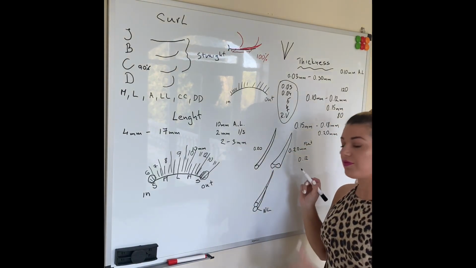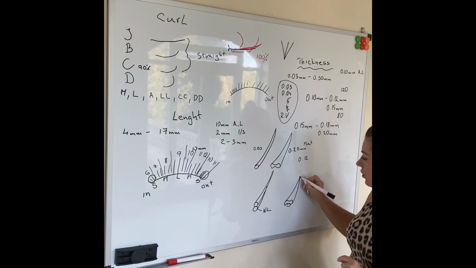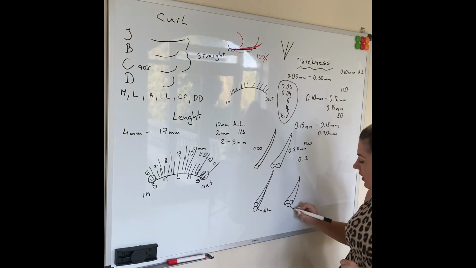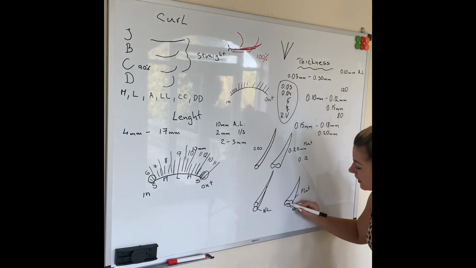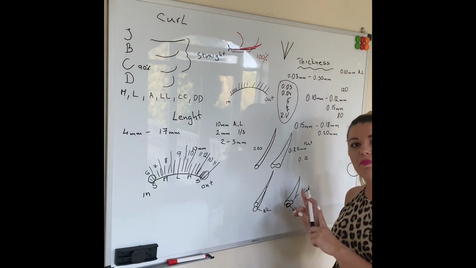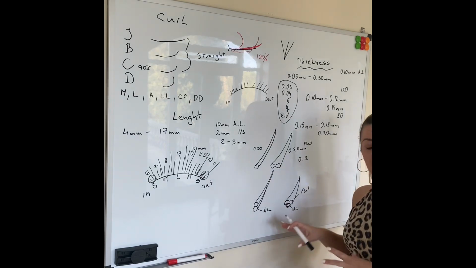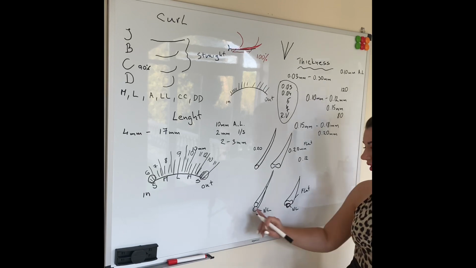But if you've got flat lashes, this is how it's going to look with the flat lash. So this is your natural lash and this is the flat lash. So this part here, your extension, the flat lash, sits slightly better than the normal extension.